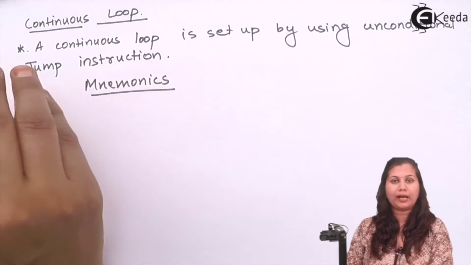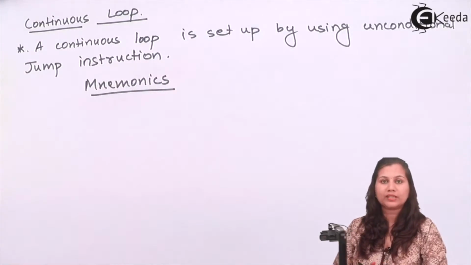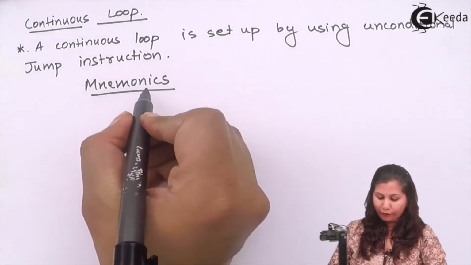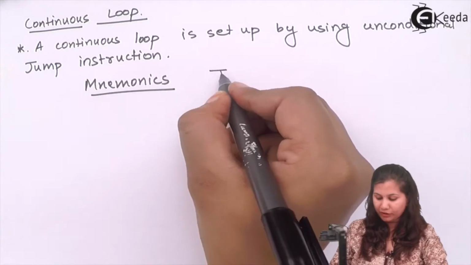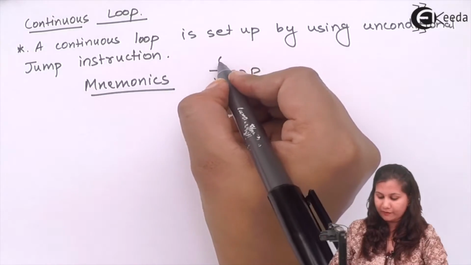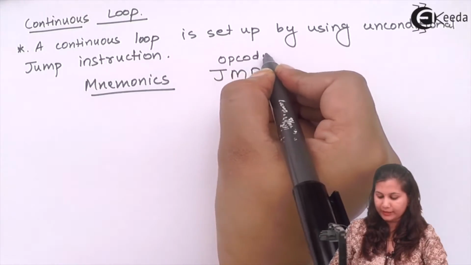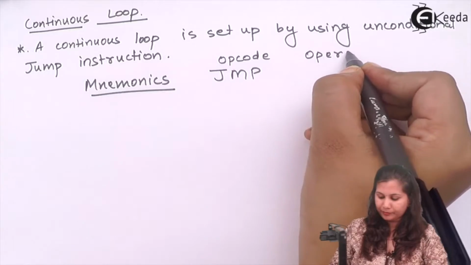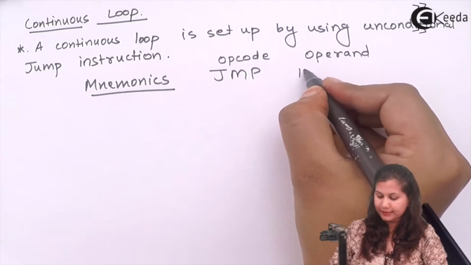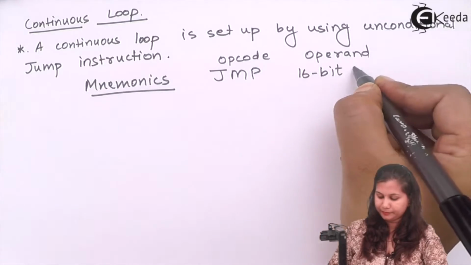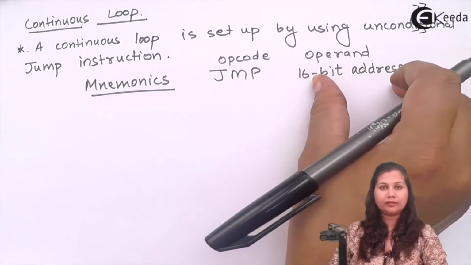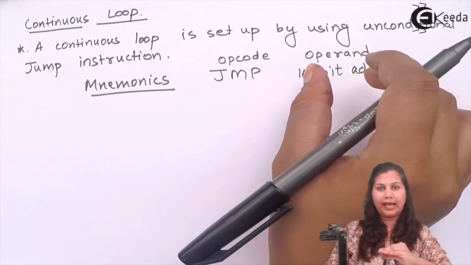we are writing the programs in the 8085 using the assembly language. So for every instruction we have a mnemonic. For the jump instruction we have the mnemonic JMP and its operand, because every instruction has an opcode and an operand. So the opcode is jump and the operand is a 16-bit address here, wherever location the subroutine has been written.